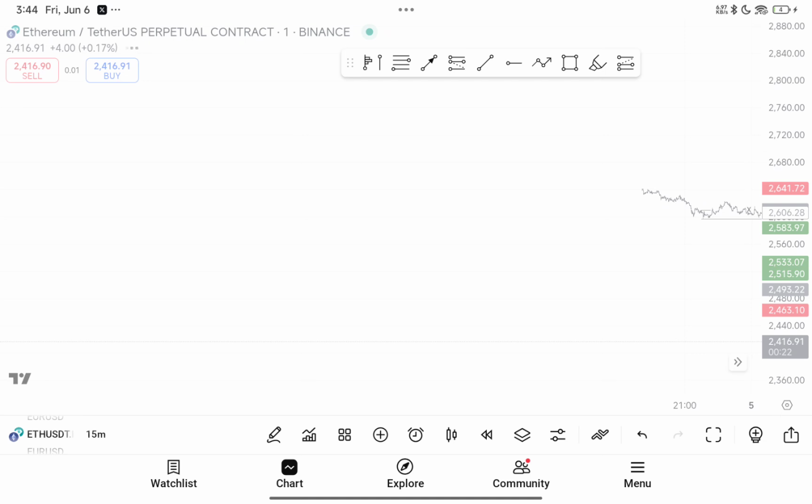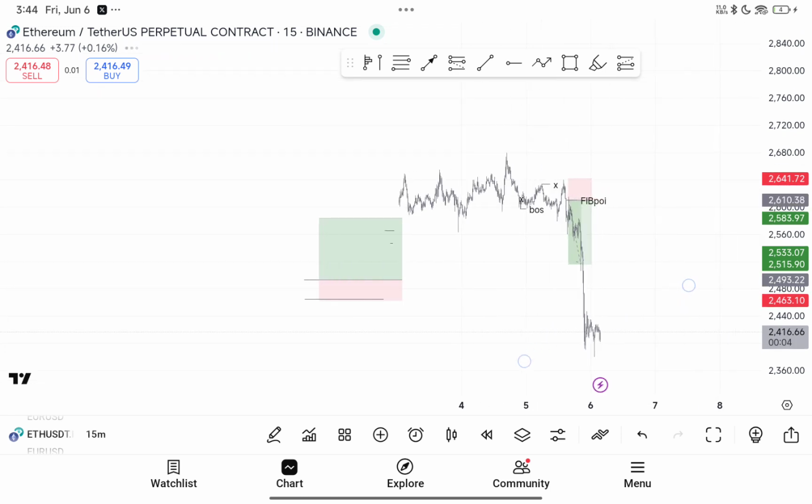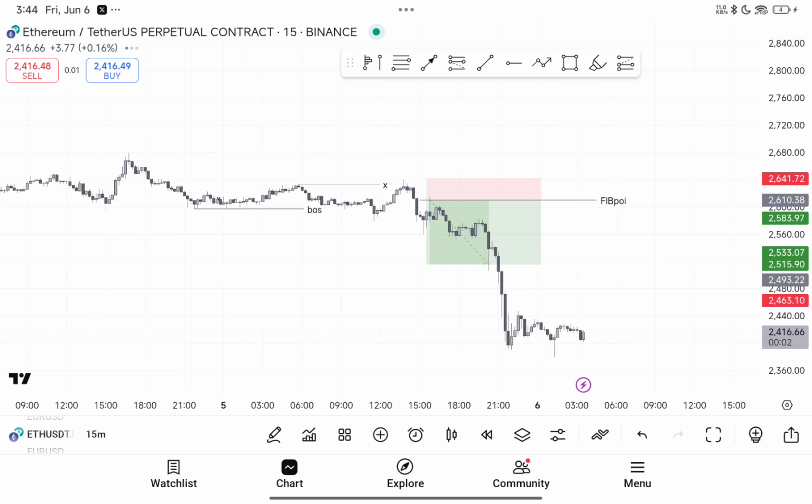I'll show you another part of this chart. Okay, it's loading. Okay, all right, so just by looking at this part, you can know that this trend is going down.